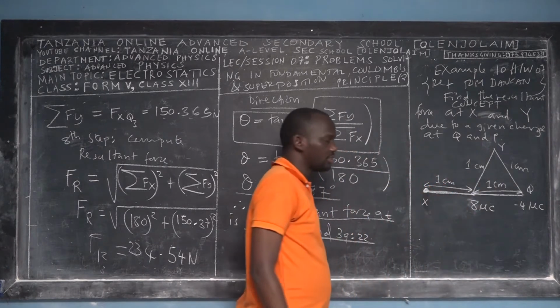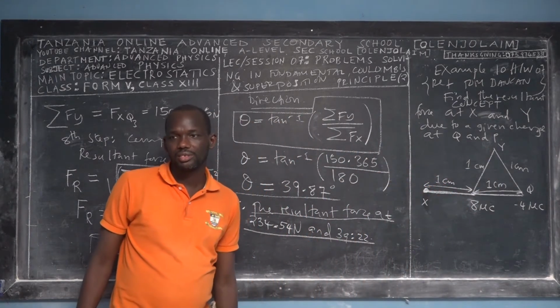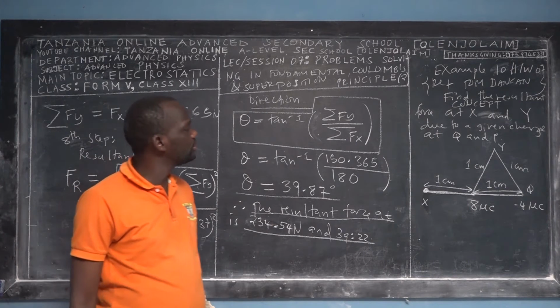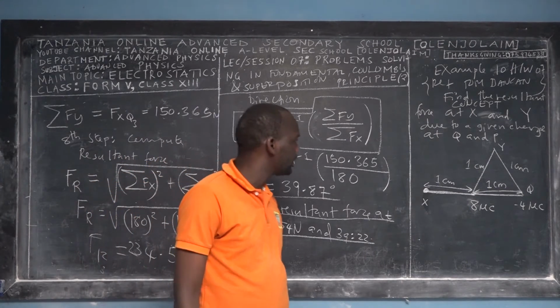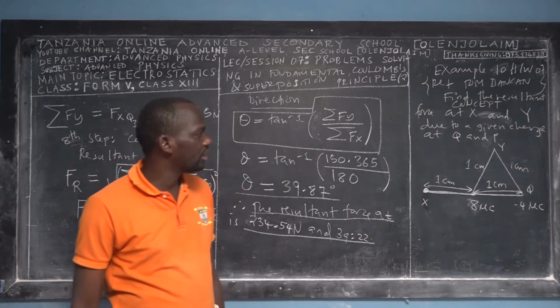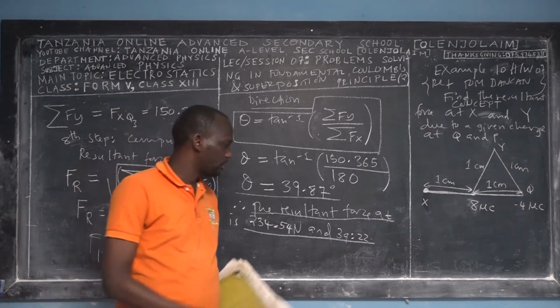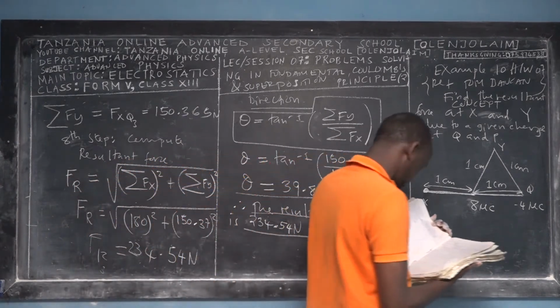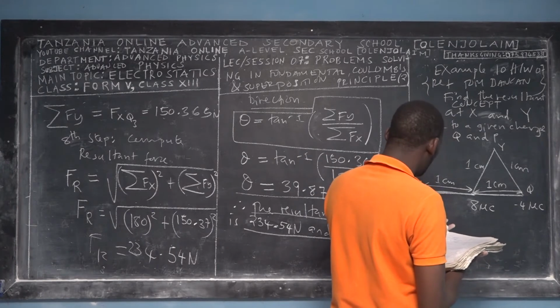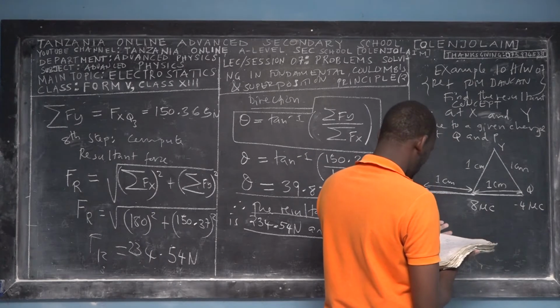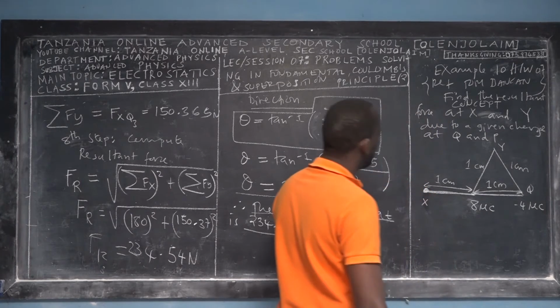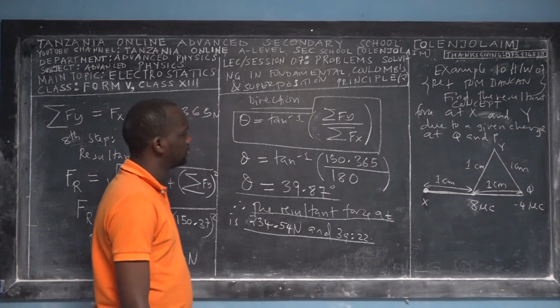Okay, so try it yourself. I've taught you the concept. You have to find the resultant force at X and Y with the given charges at Q and P. So where is P?